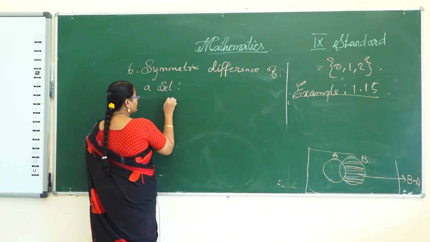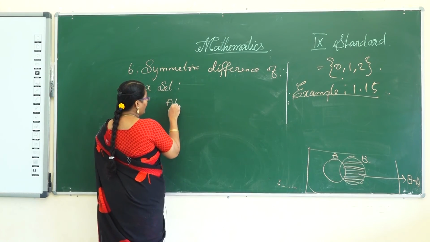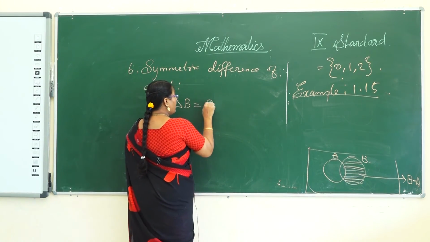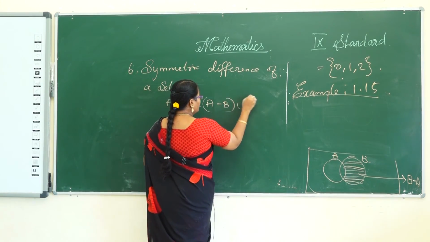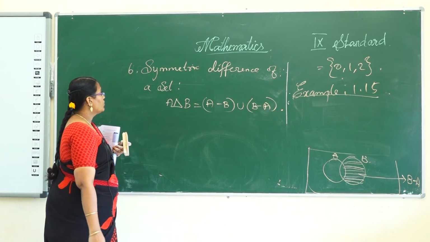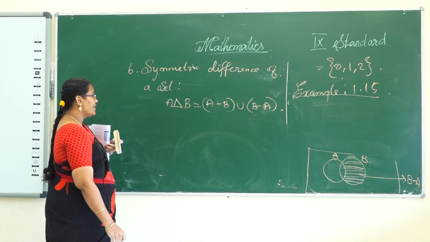So the symmetric difference is denoted by A symmetric difference B, which is equal to A minus B union B minus A. Okay. That is the form of the symmetric difference of two sets.